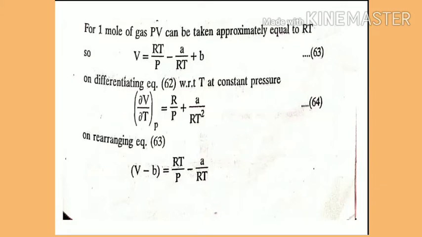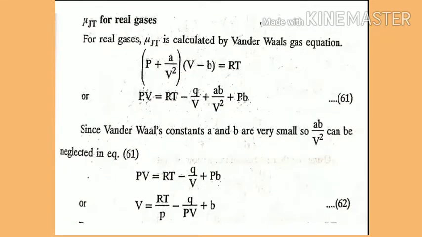And we differentiate V with respect to temperature at constant pressure. So in the first term on the right hand side, R upon P will be constant, and if we differentiate T with respect to T, we will get 1.